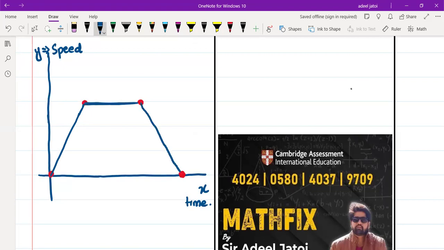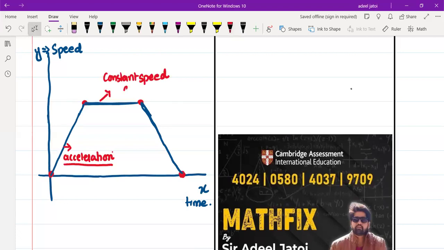So what does the line represent in a speed-time graph? This line represents acceleration. This represents the constant speed.